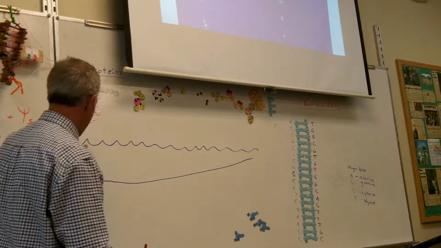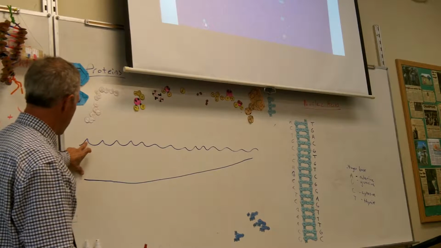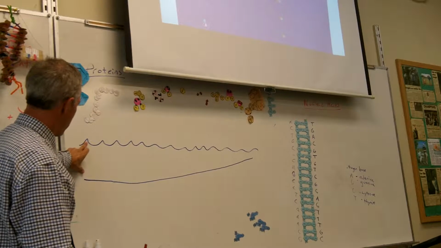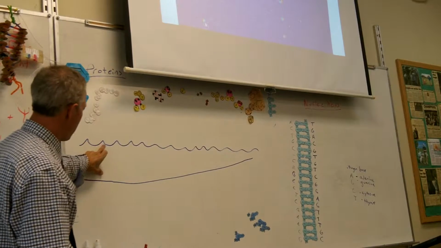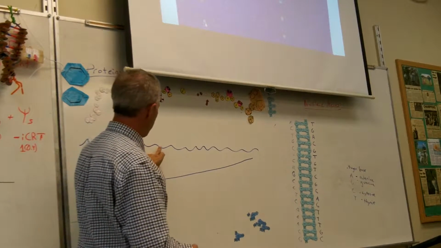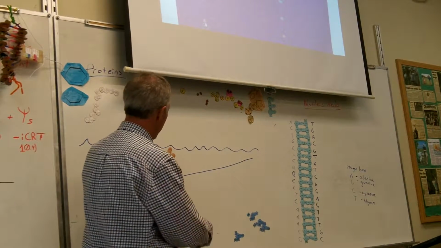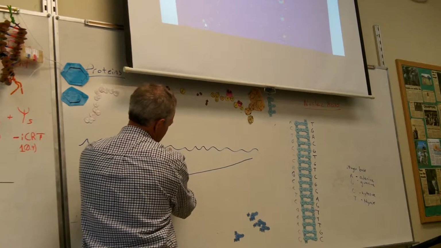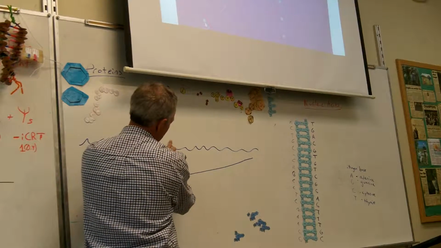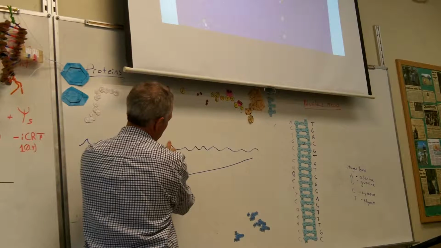Now, let's say that this wave's influence is this deep. So right now it's just traveling along, but as it gets shallower, the wave's influence hits the bottom, and what that does is it pushes the entire wave upward a little bit.